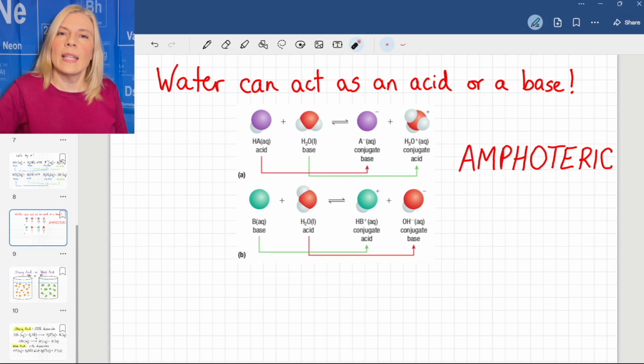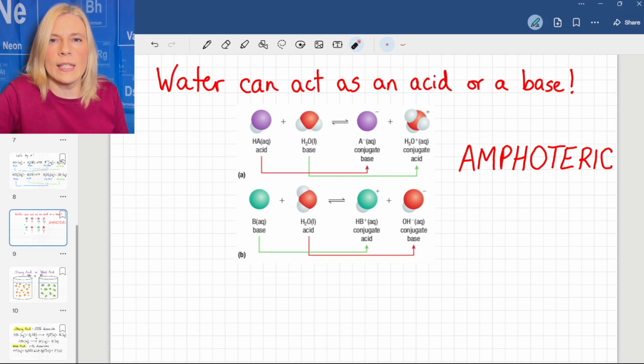Another substance that's also amphoteric is amino acids, from biology. They have an amino end, which can accept an H+, and a carboxylic acid end, which can give up an H+. So anything that can act as an acid or a base is amphoteric.